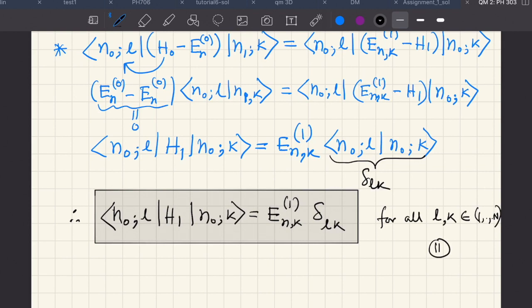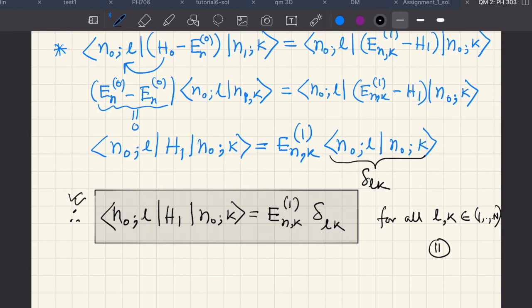Hence, H1 is diagonal in the chosen basis of the subspace Vn. H1 may not be diagonal elsewhere on the full space, but on the degenerate subspace, it had better be diagonal. So if you want to work your perturbation theory ahead, you cannot use an arbitrary basis of states. It tells you that you have to start in the degenerate subspace that makes the perturbation H1 diagonal.